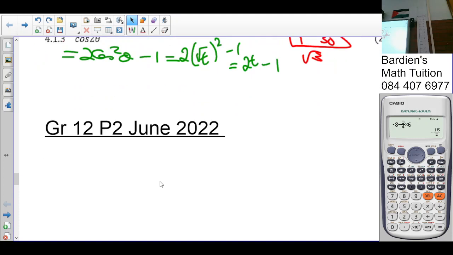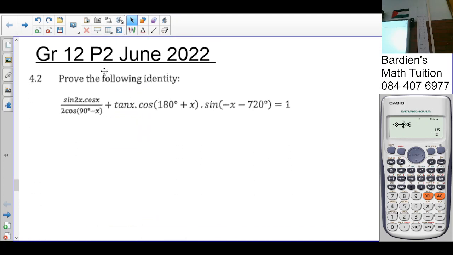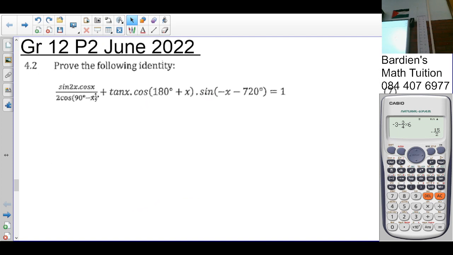Okay, the next one. 4.2. In question 4.2 we are asked to prove the following identity. So of course left and right hand side story here.